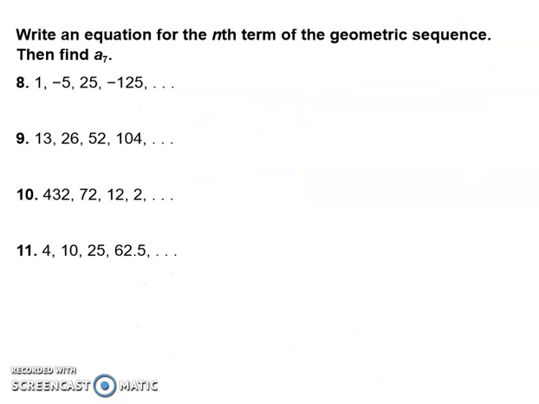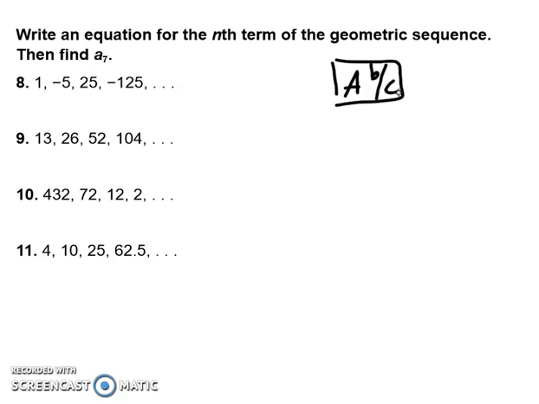Here we go. I want you to try these on your own. I'm going to recommend that when you are working with fractions, use the ABC button if you have a scientific calculator. It's going to be the button that looks like this, where it's A, B, C. Use that when you have a ratio that is a fraction.